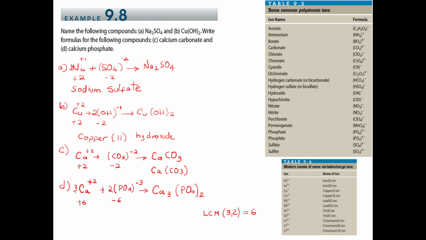For what number do I need to multiply 2 to get 6? It will be 3. For what number do I need to multiply 3 to get 6? It will be 2. This is another way. You can use either way to solve the problem. And this is all I had to discuss for today.